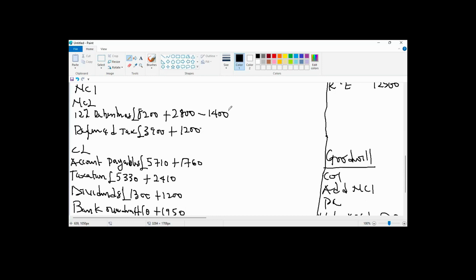That will give you 1.4. I will eliminate investments by crediting and loan liability by debiting. That is it.